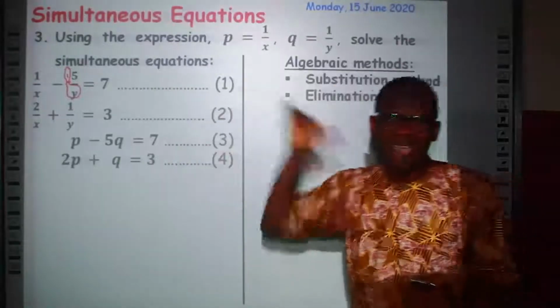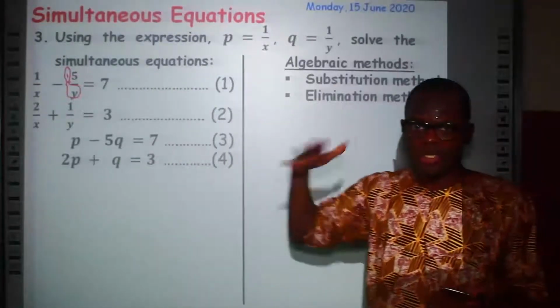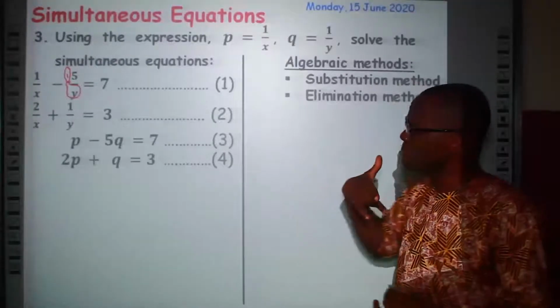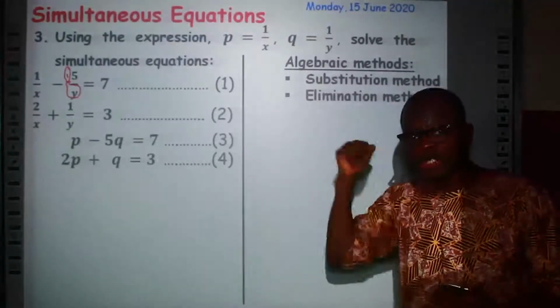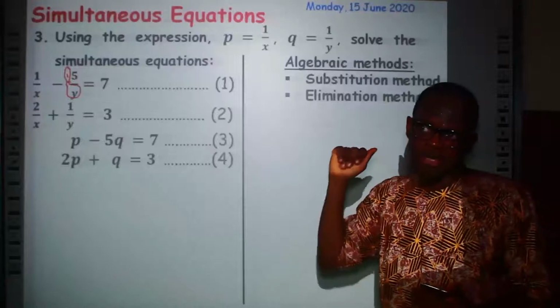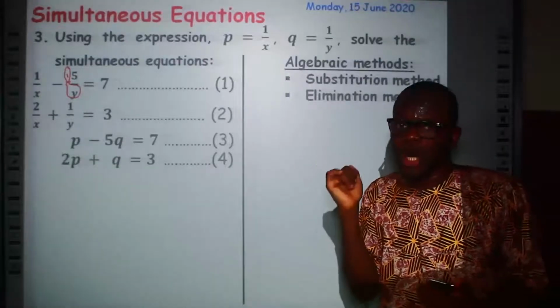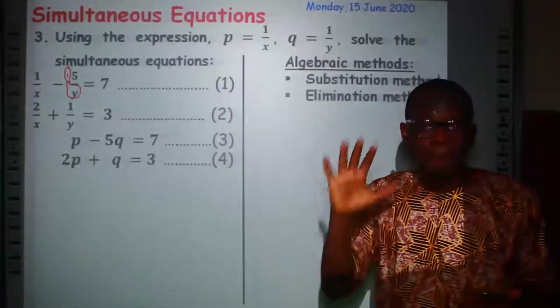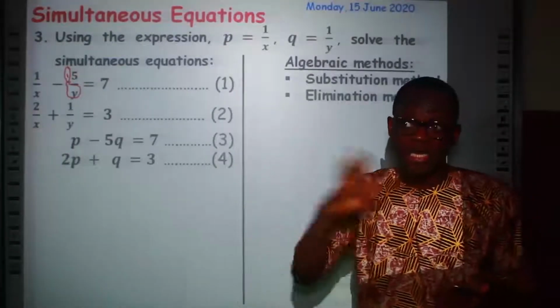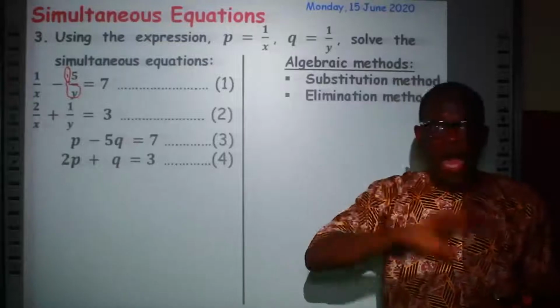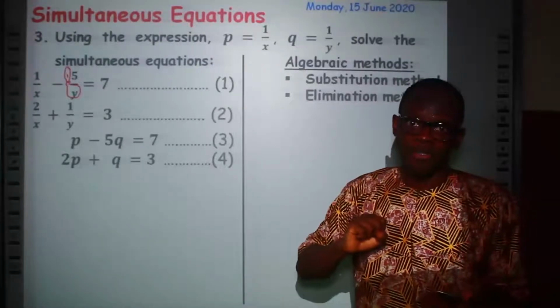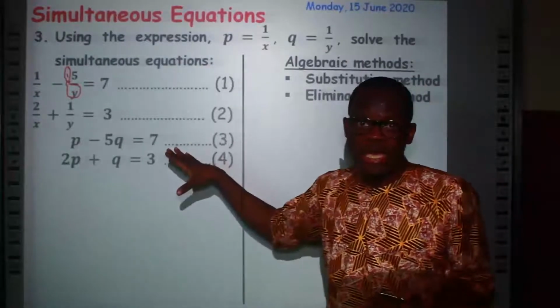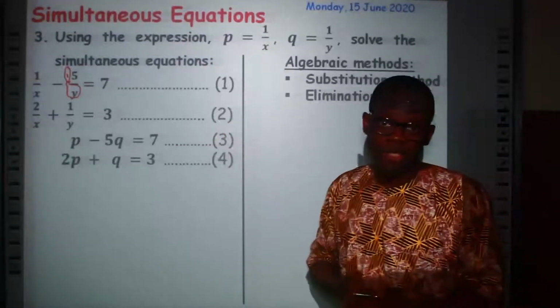But like I said, in the last class we saw how to use substitution method. This time around, I want to concentrate on using elimination method, because sometimes a question might insist on you using a particular method, and that's why it's important for you to know how to use the two methods. So for today, we'll concentrate on using the elimination method.